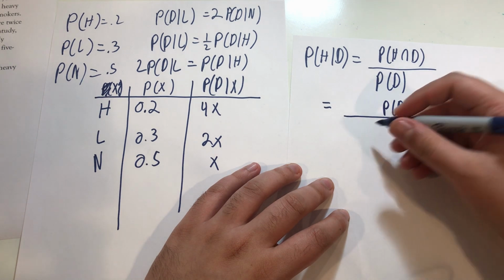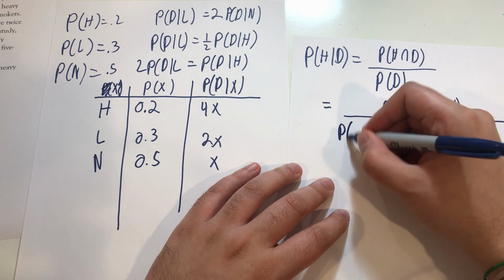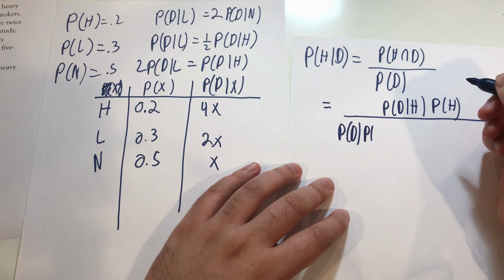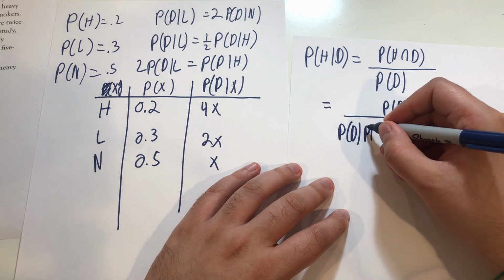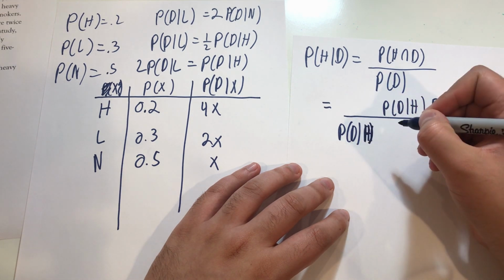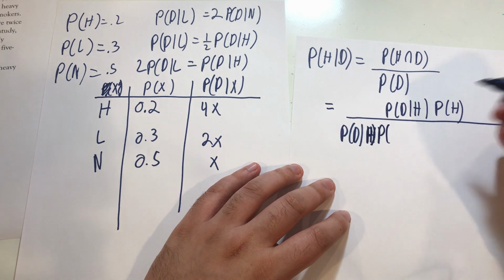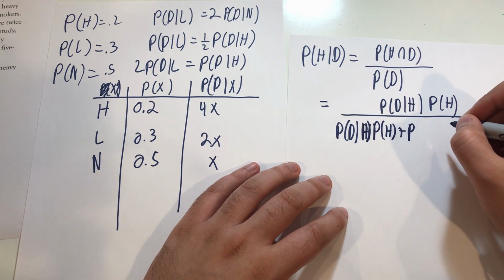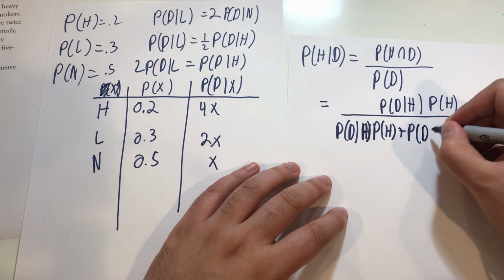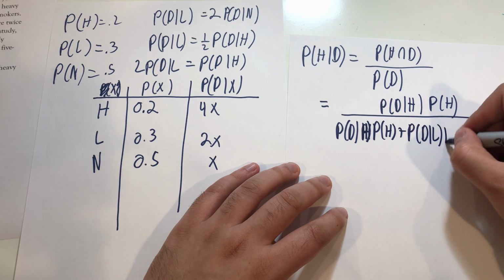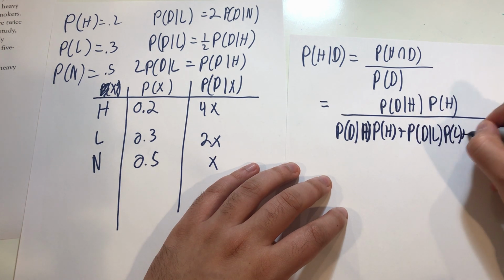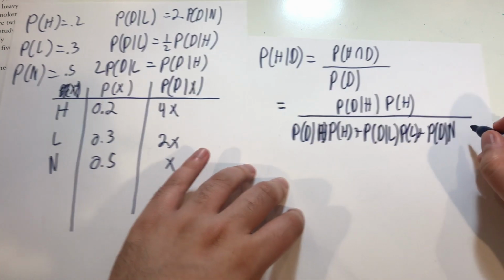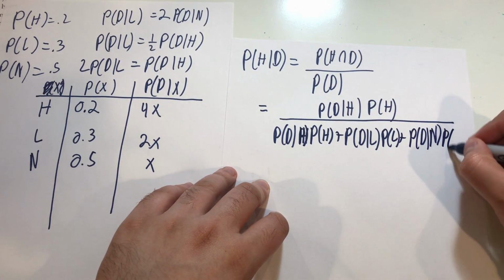Then in the denominator, it's the probability of dying given you're a heavy smoker times the probability of being a heavy smoker, plus the probability of dying given you're a light smoker times the probability of being a light smoker, plus the probability of dying given you're a non-smoker multiplied by the probability that you are a non-smoker.